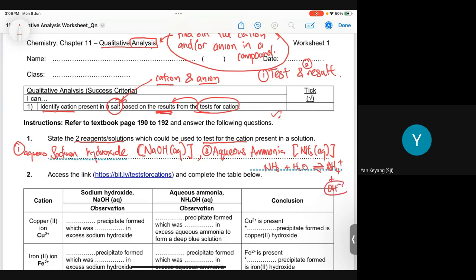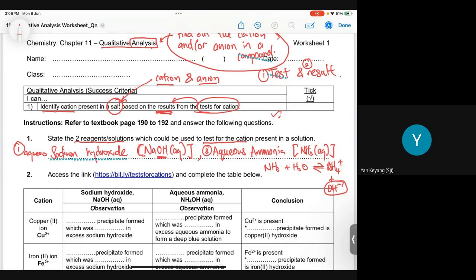The hydroxide anions from the aqueous ammonia and the hydroxide anions from the aqueous sodium hydroxide are the ones that react with the cations to give you your test results.